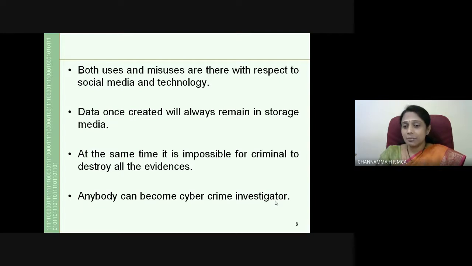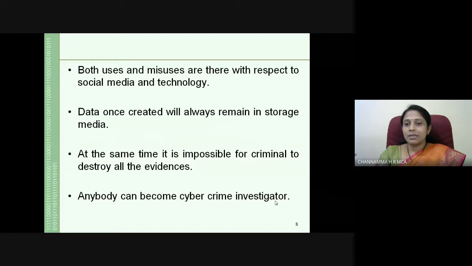At the same time, it is also applicable to criminals. If they do some criminal activity and try to delete their evidence, definitely that evidence will also be there. They cannot delete or destroy evidence completely.